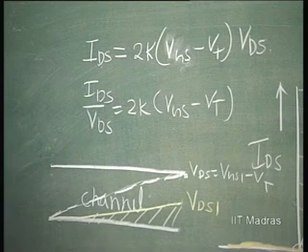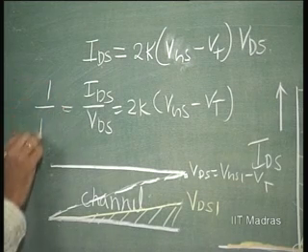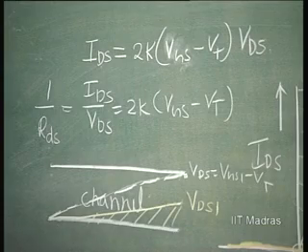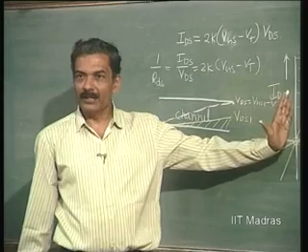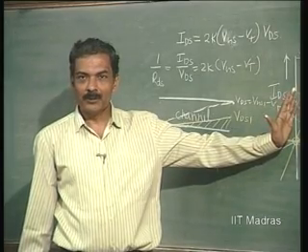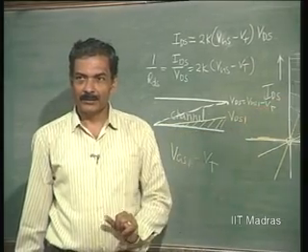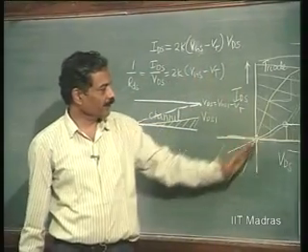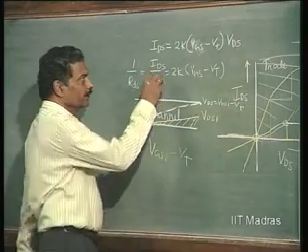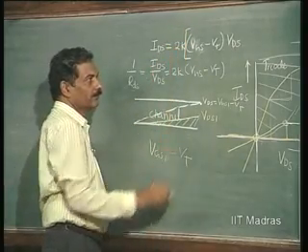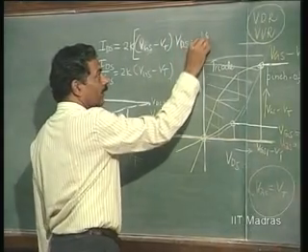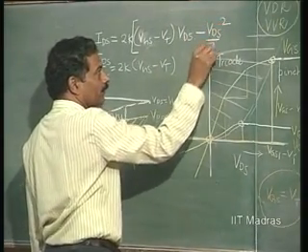This is called the FET resistance, RDS, in the triode region, or actually in the region where it is linear, where the nonlinearity has not yet come into the picture. In this region it is perfectly linear, but thereafter nonlinearity sets in. It is called square law nonlinearity.